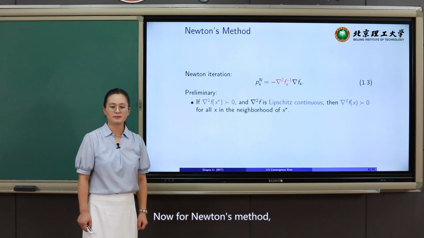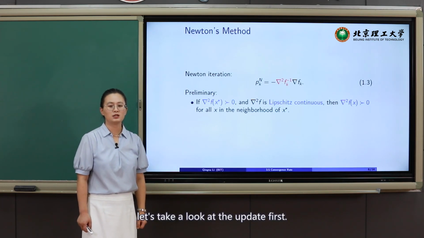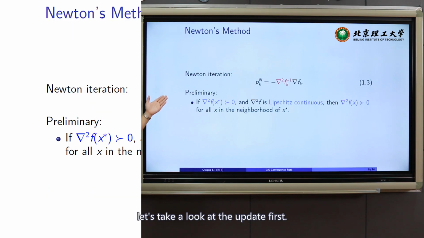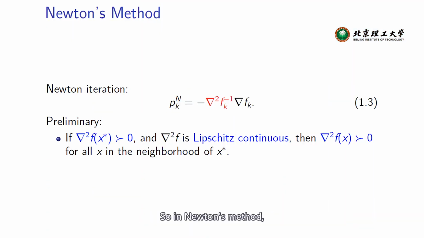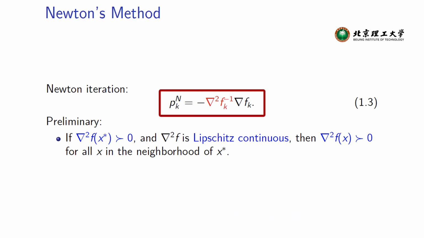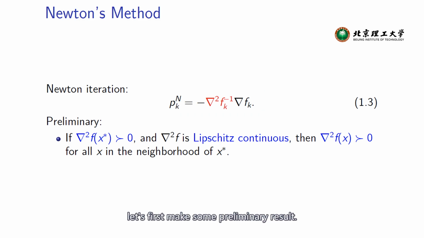Now, for Newton's method, let's take a look at the update first. In Newton's method, the search direction takes the form like this. We use the inverse of the Hessian matrix multiplied by the steepest descent direction. With this direction, let's first make some preliminary results.